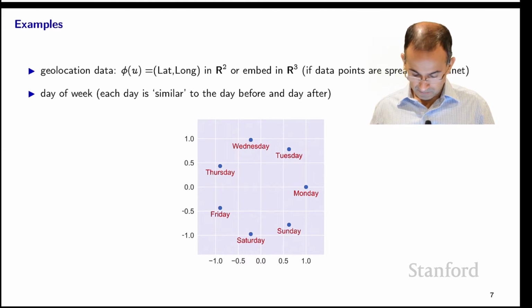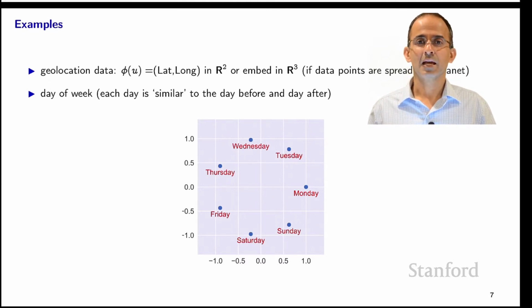This is useful because for many types of data, the similarity between days is that a day is similar to the day before and the day after. And if we were to embed Monday as 1, and Tuesday, Wednesday, Thursday, Friday, Saturday, Sunday as 7, then 1 and 7 would be quite far apart, and so Monday and Sunday would be quite far apart.